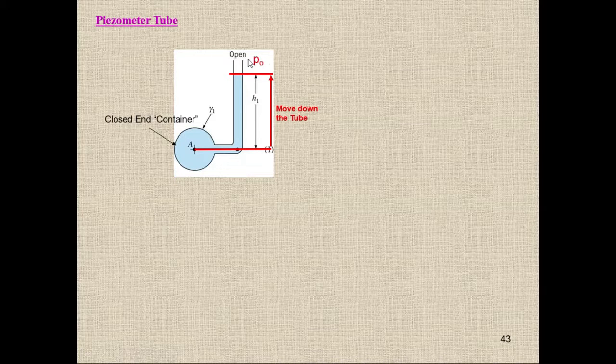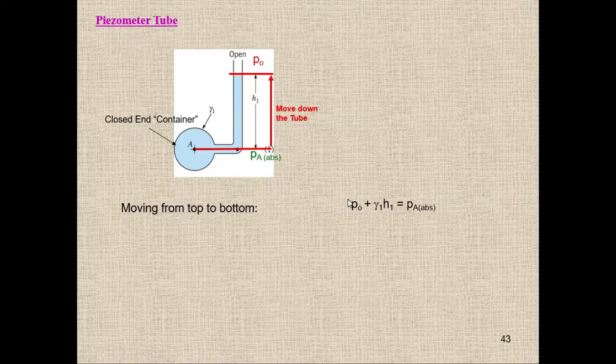If I go down from here to here, I can easily find the pressure at point A. So the equation will be P naught plus, because I'm going down, the pressure increases, so plus gamma or rho g, and then we have h, which is height. So we have P naught plus gamma H, and it is equal to the pressure somewhere here.